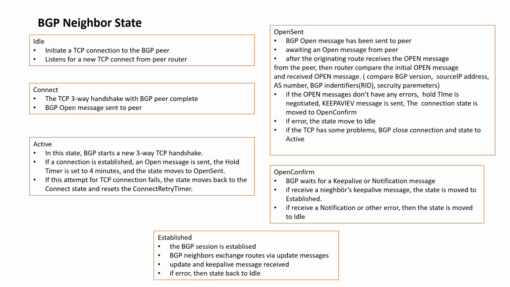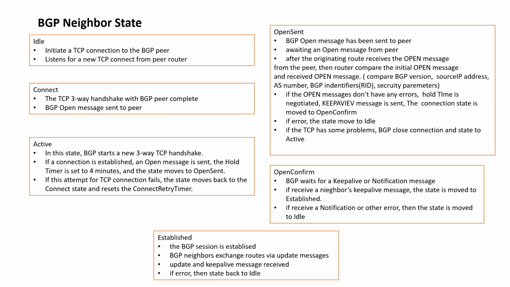Let's first take a look at how many BGP states there are. Here are the BGP neighbor states. The first state is called idle. In this idle state, the router initiates a TCP connection to its BGP peer and listens for a new TCP connection from peer routers.